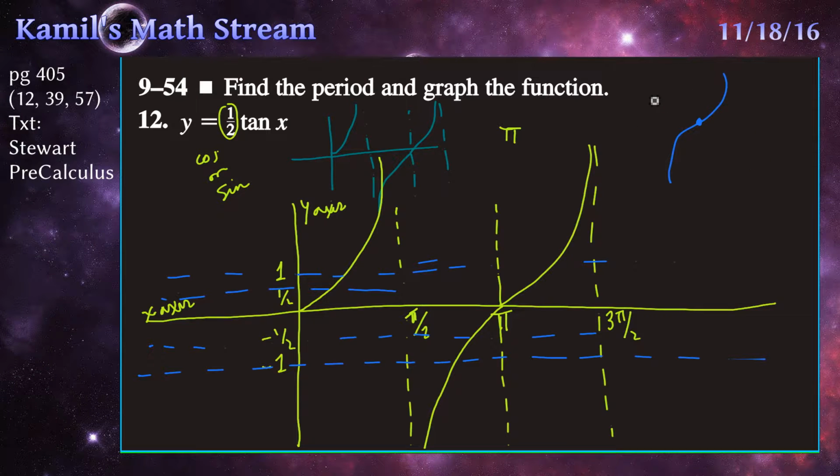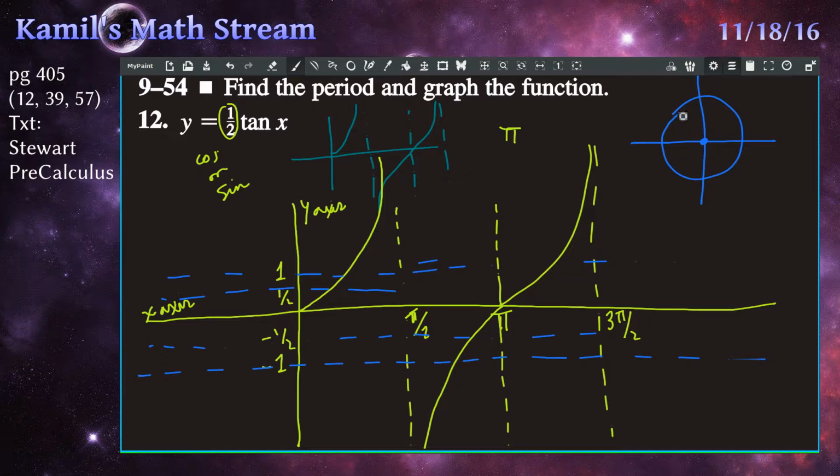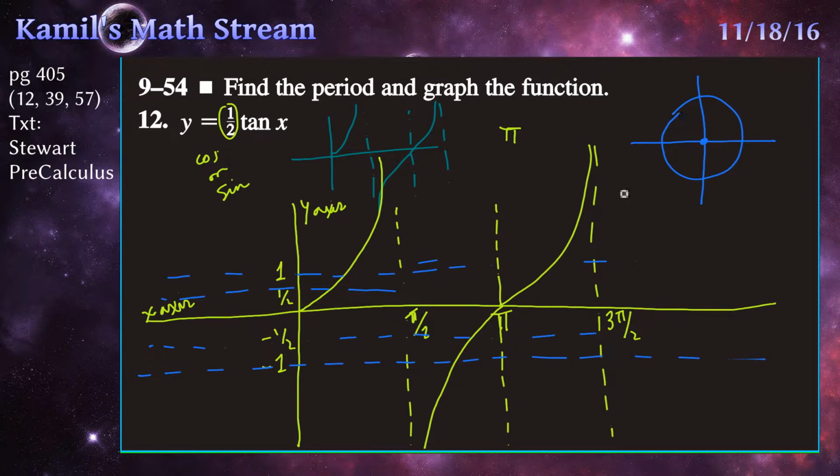If we make ourselves a unit circle, right? Tan is, we know this, tan is undefined around here and around here, right? Because it's, cosine, no, rather it's sine over cosine.